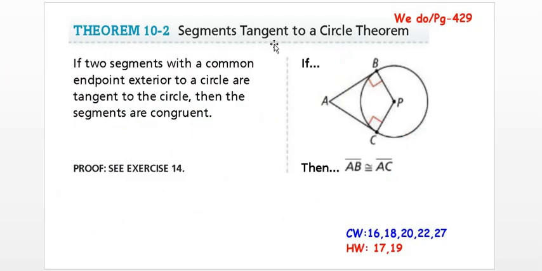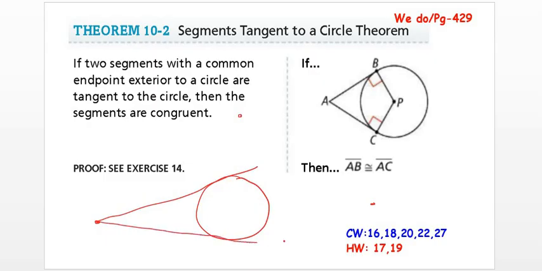It says segment tangent to a circle theorem. Before I start reading this theorem, quickly let me explain what this theorem is about. For example, if you have a circle and we have a point outside the circle, it doesn't matter where, it could be anywhere, right? If I draw two tangents from this point to the circle, let's say this is the first tangent and this is the other tangent, you will get a point of tangency at each.